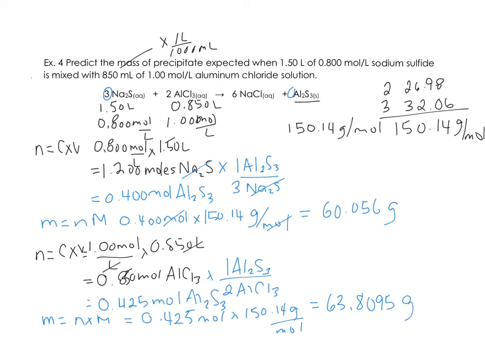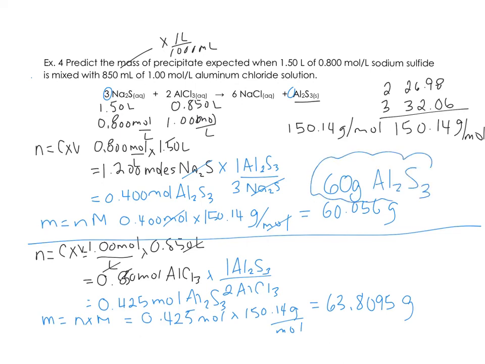So the smallest mass comes from the limiting reagent, so our sodium sulfide is going to get used up first. So we can produce, and we can have 3 sig figs. No, 2 sig figs. So we will produce 60 grams of aluminum sulfide. That will be the maximum mass of precipitate.